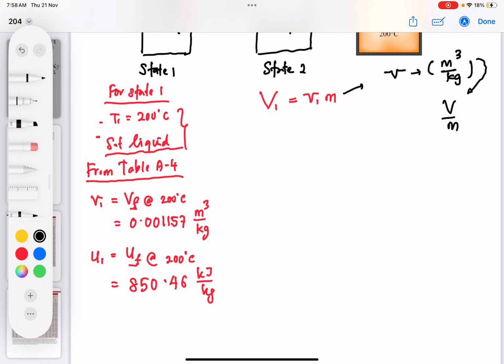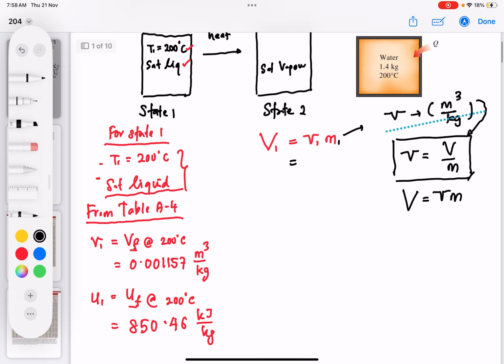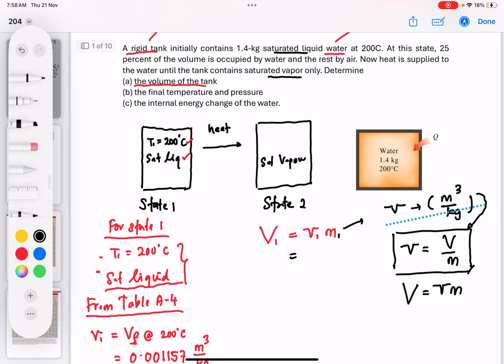So I can come up with this equation: specific volume equals volume divided by mass. If I want to get the volume, I can simply multiply the specific volume with the mass. So now I can use this to find the volume occupied by the water.